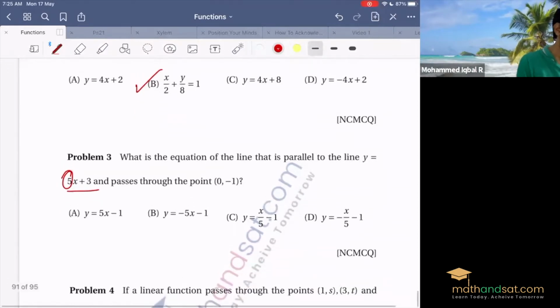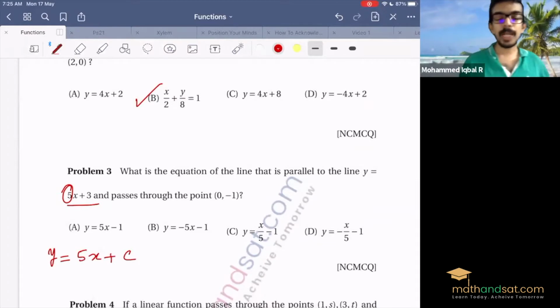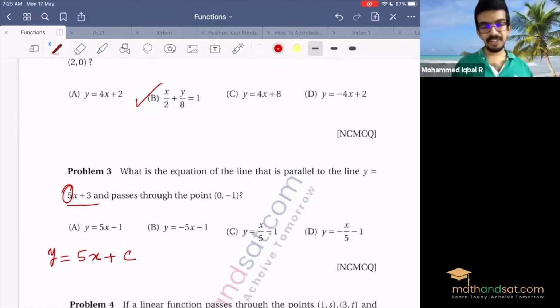Okay. So your required line will be of the form y is equal to 5x plus c. Right? Because 5 represents the slope in this case as well. Here we have to find the value of c.